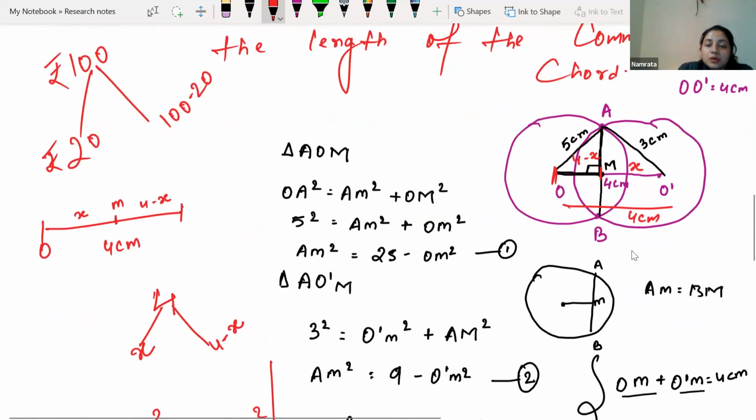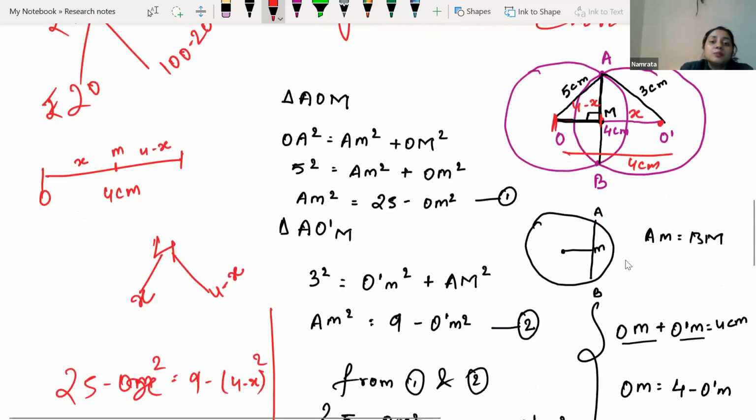Okay. So basically in this question, this O' point and this M point is the same point. That's why we are getting such data. Once we solved the first way, we were getting x value as 0, and we were thinking, why are we getting 0?